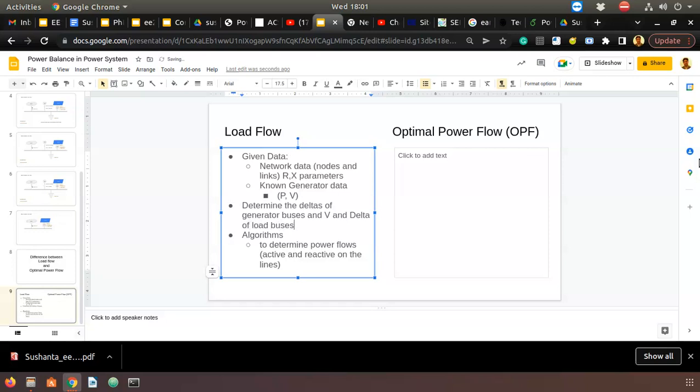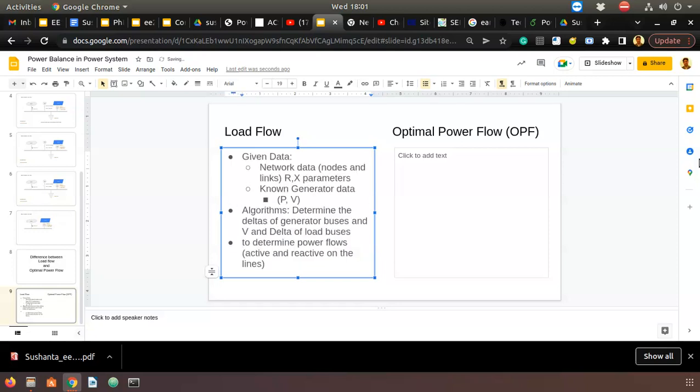So this is the first thing. If you know this data, then you can use the algorithm, whatever Gauss-Seidel etc. That is for this. Whereas this one is simple: once you know the V and delta, you can find this one. This is the more fundamental thing.